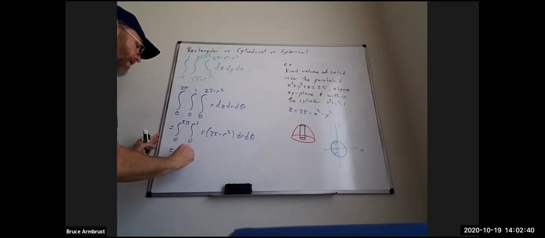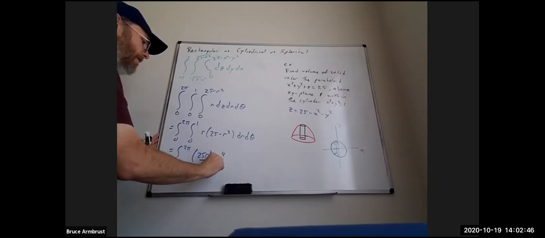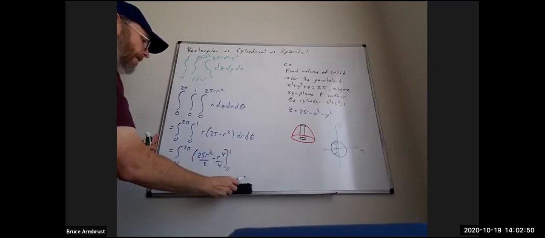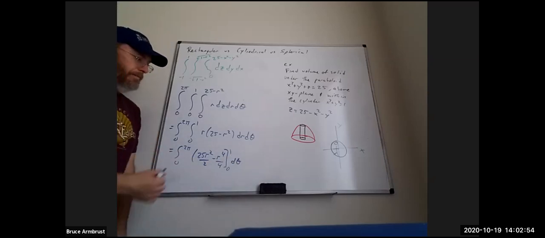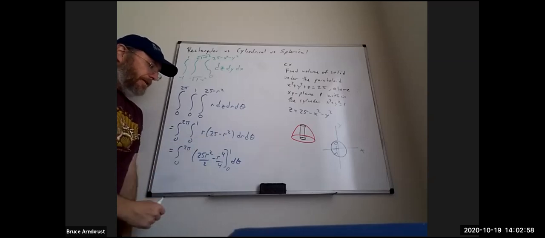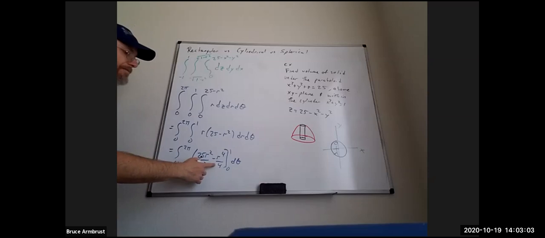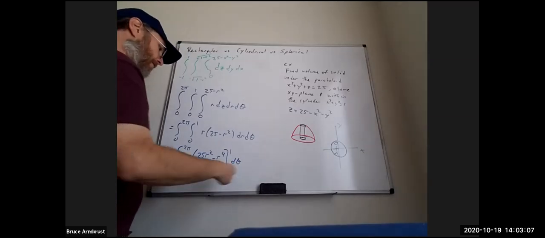Integrating that, we're going to get 25 r squared over 2 minus r to the 4th over 4, evaluated at 0 and 1. Because remember, when I distribute, I get 25r and then r cubed. So plugging in 1, I get 25 halves minus 1/4, which is 49/4, I believe.